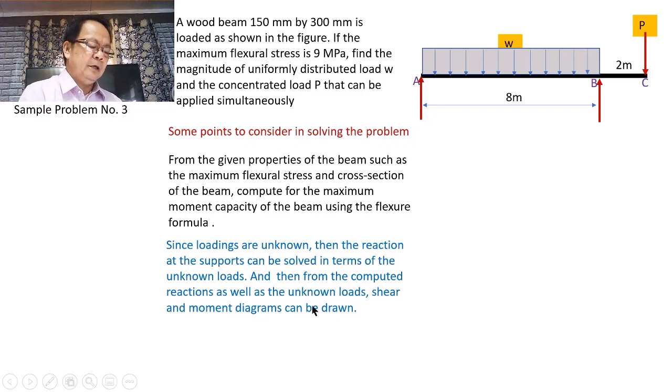Ibig sabihin, yung ating shear diagram will be expressed in terms of W and P. And then yung moment diagram natin should also be expressed in terms of W and P.